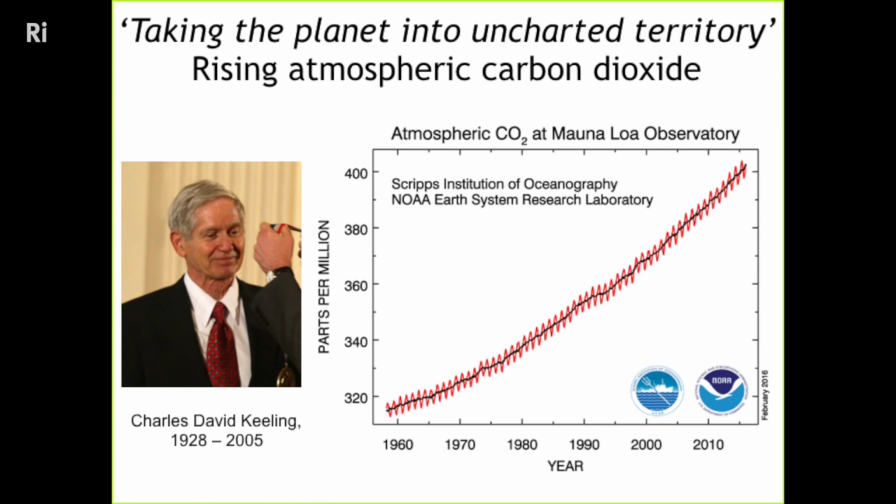And here's what I think is one of the most famous graphs around, which is the Keeling curve. There's Charles David Keeling, who started these measurements in Hawaii in the late 50s. And he noticed that actually the carbon dioxide kept on going up year by year. I started in the Met Office in about 1973.